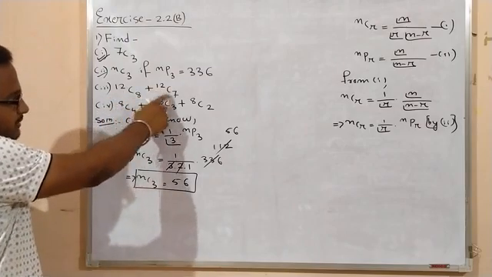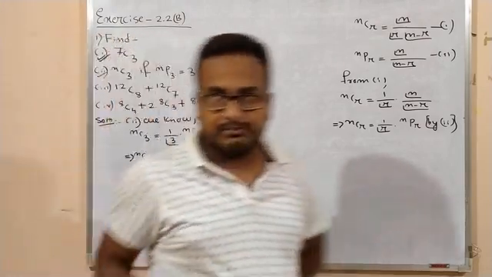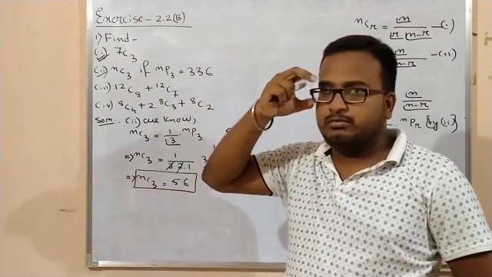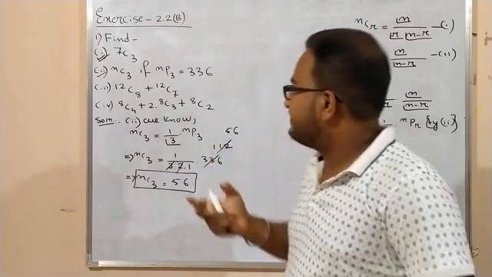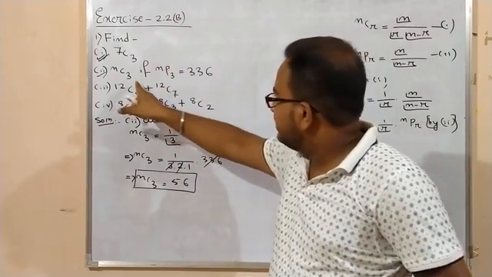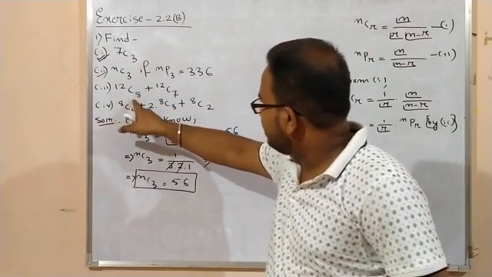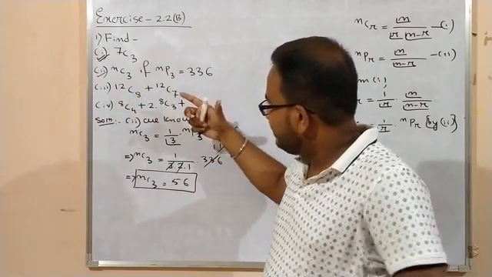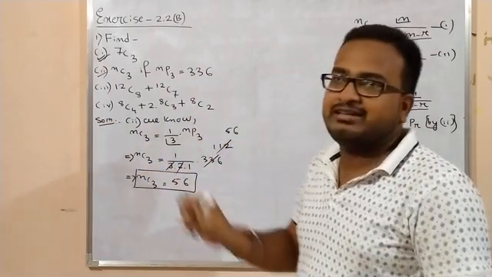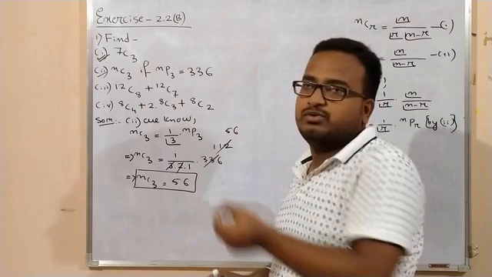12C8 plus 12C7. One thing you have to remember: don't do it like this, because I have seen lots of students, in this type of problem, simply calculate this one, then calculate this one, then add both the values and write that as the required solution.